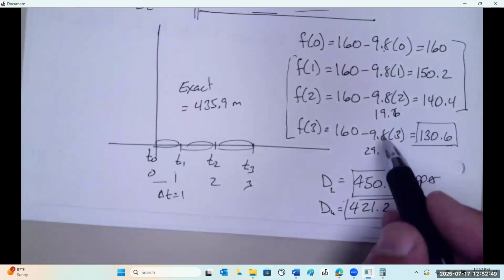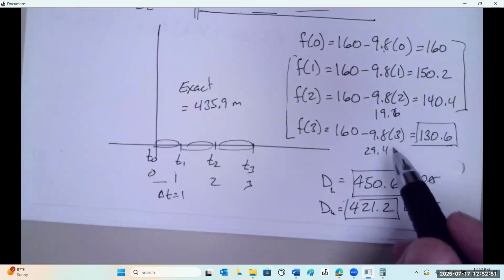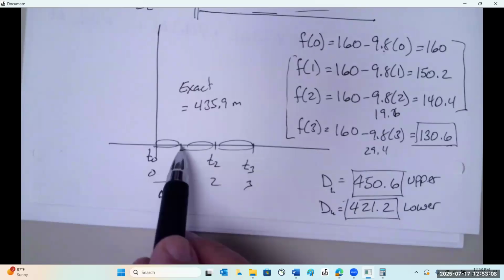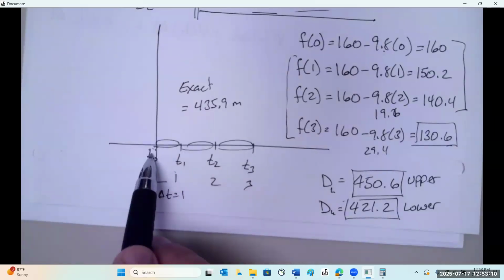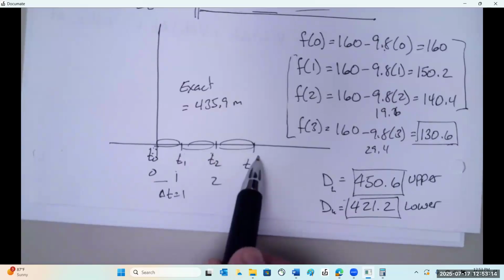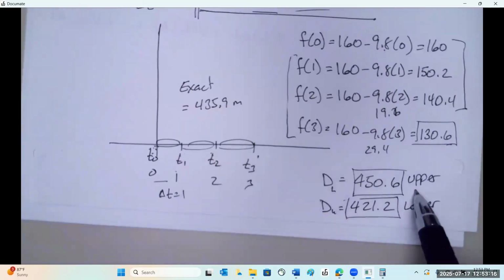The first part says to use the summation technique to describe how far the projectile rises after the first 3 seconds. It went 450.6. Why can we not use this one? Because if we use the lower endpoint, here's the first travel, here's the second travel, here's the third travel. So that's what we did there.